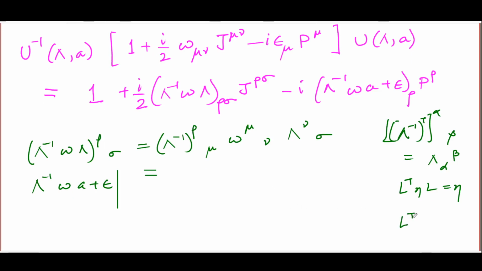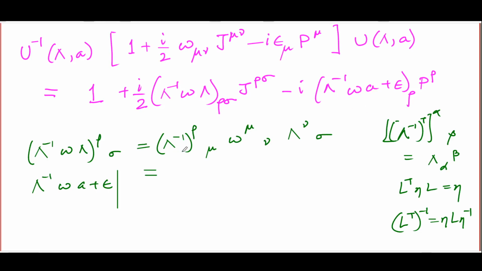Basically, all we are doing is rewriting this equation as L transpose inverse is eta L eta inverse. This eta has lower indices, it lowers the first index of L, the eta inverse raises the other index of L.